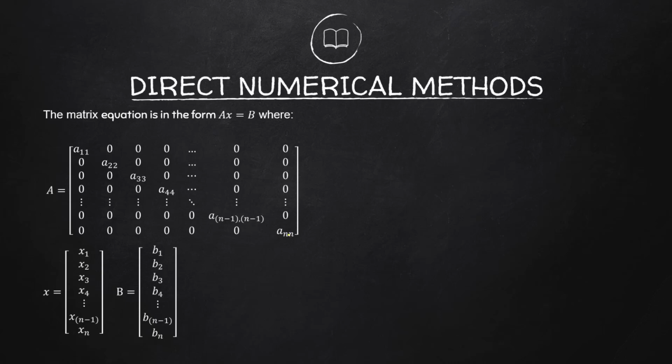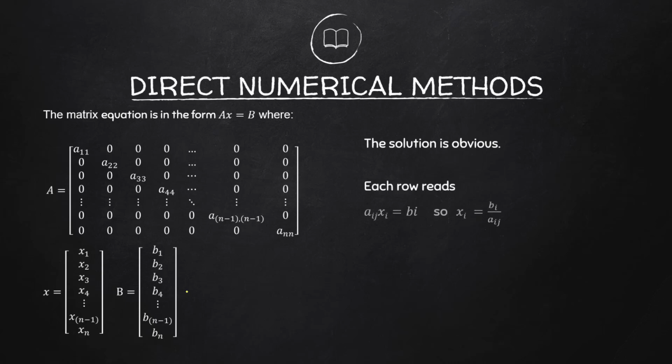Since this is a square matrix, the position of the last element would naturally be at the nth row and the nth column. They have the same value for the row and the column because A is a square matrix. We also have n number of variables and n number of constants.